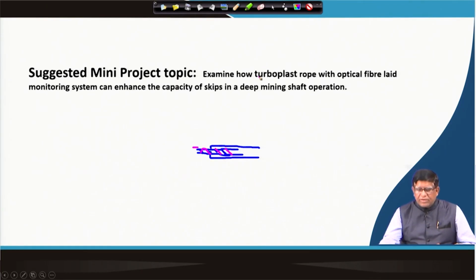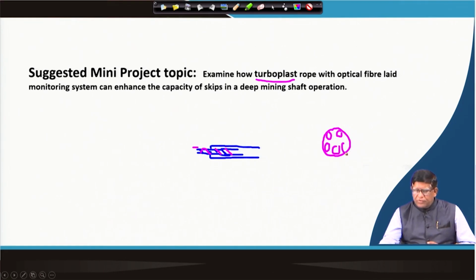So, this is again a turboplast rope. In this rope there will be a number of different strands, and these strands will be laid over a core.